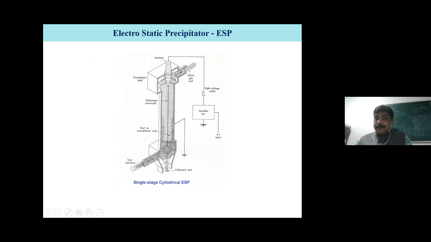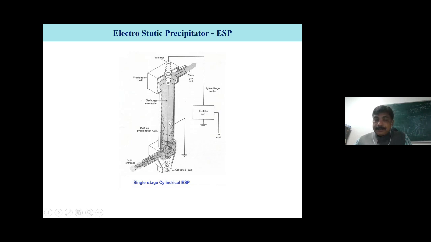It's a high voltage cable, from where the high voltage is generated, and remember it's a rectifier set. So the current is direct current, not alternating current. The direct current causes electrons to move in this direction from here, but you will be surprised to see that there is no earthing. This wire is not earthed, it is not connected to any body. So what happens? It contains electrons which jump out of this wire.